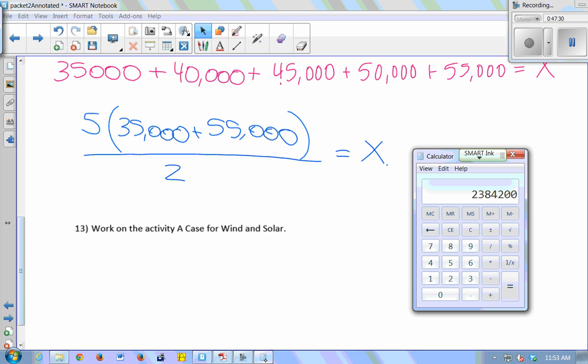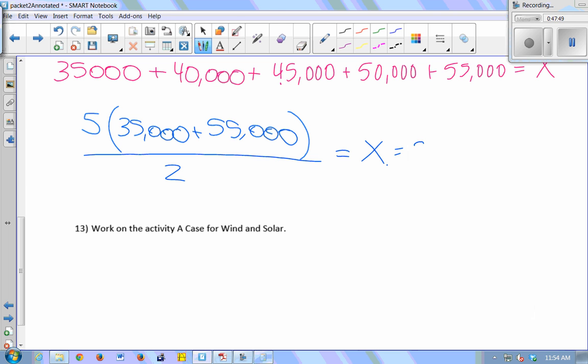So I'll do this in my calculator, and then I'll actually just add it and see if they come out the same. 35,000 plus 55,000 is 90,000 times 5 divided by 2 is 225,000 dollars, right?